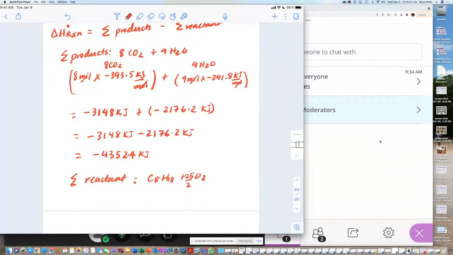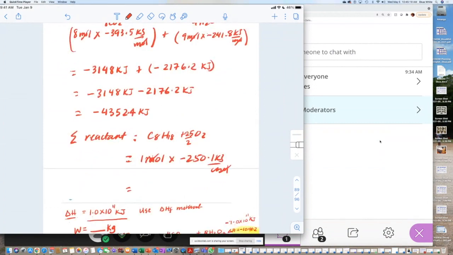Remember, the oxygen is 0, so essentially all we have here is 1 mole times negative 250.1 kilojoules per mole, like that. Okay, long story short, we have this, negative 250 kilojoules.